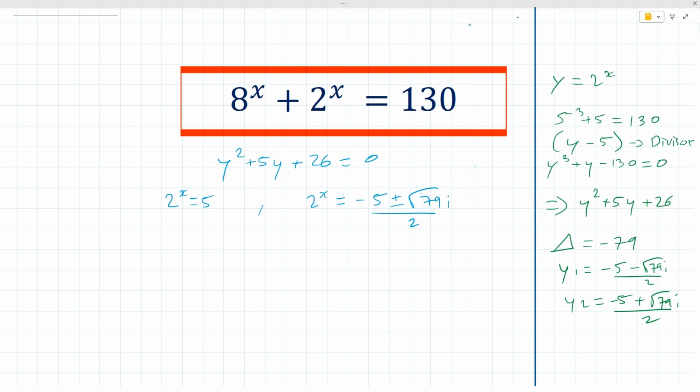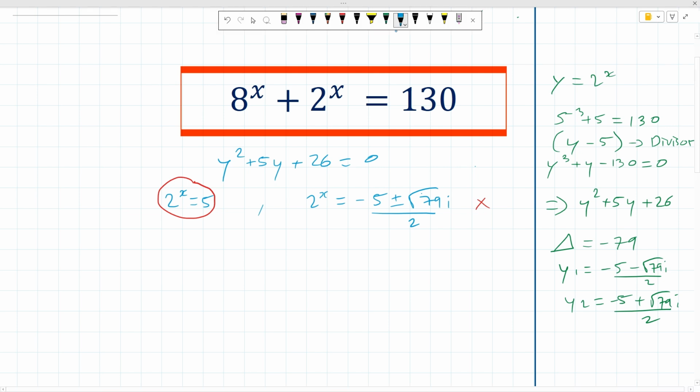The issue with 2 to the power x being equal to a complex number is that 2 to the power x is expressed in the real numbers, it's just the power of 2, and there's no imaginary part to it, and it's not really possible to make the exponent imaginary to change a real number into an imaginary one. So we're going to say that this real number value is not actually equal to an imaginary value. And so just based on that fact, we're going to reject this solution and think that this one is the only solution to this problem.